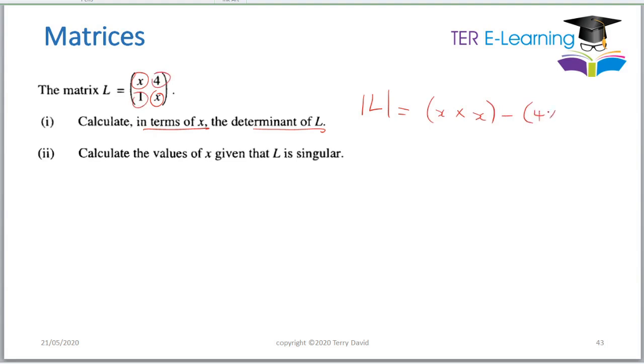So it's 4 multiplied by 1. So x multiplied by x gives me x squared minus 4 by 1 gives me 4. So the answer for the first part is this. This is the answer for the first part. X squared minus 4. Alright?